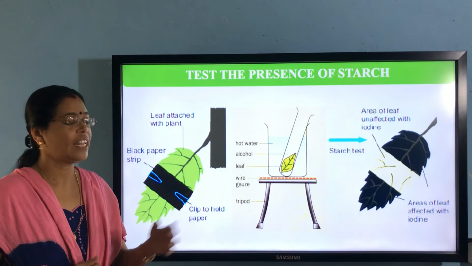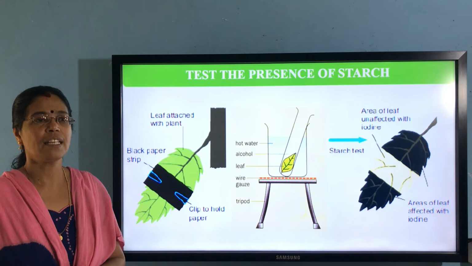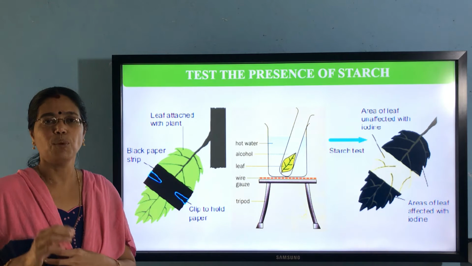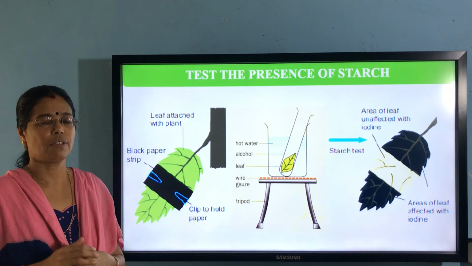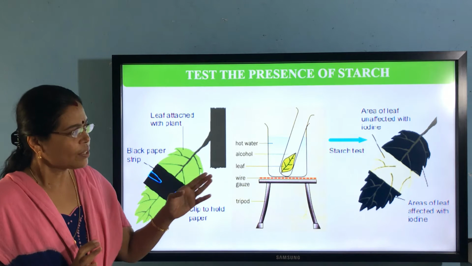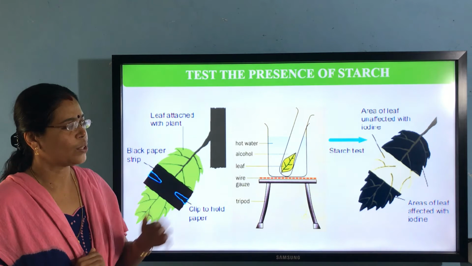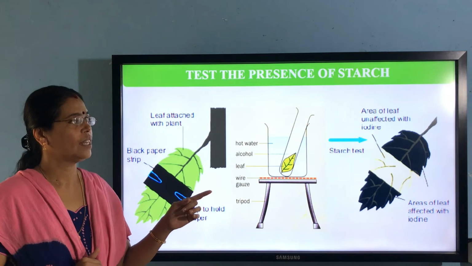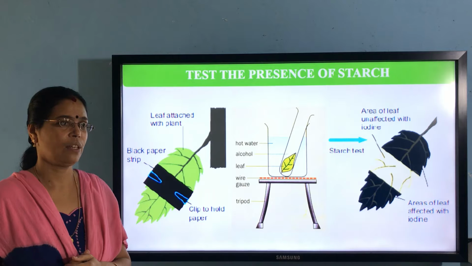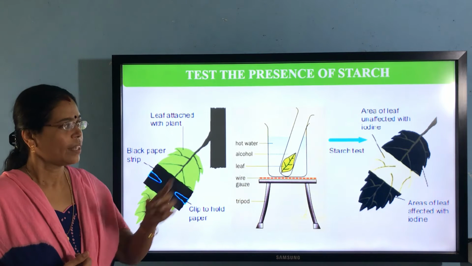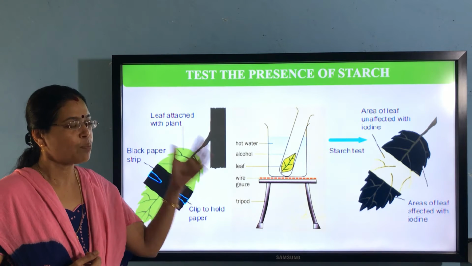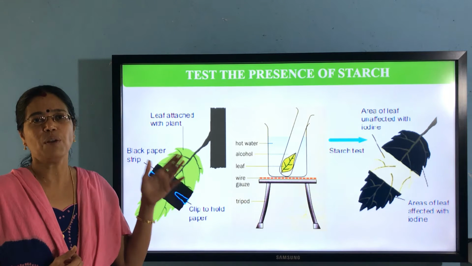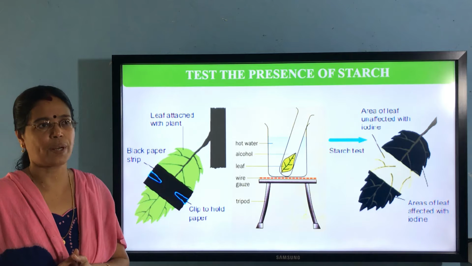Then you take out the leaf with the help of forceps and do the iodine test. The iodine solution gives a blue-black color with starch. If you see that leaf, the covered portion does not show any color change, but in the uncovered portion you can see a color change. What does it mean? The uncovered portion is exposed to sunlight, so the plant can produce its own food through photosynthesis.